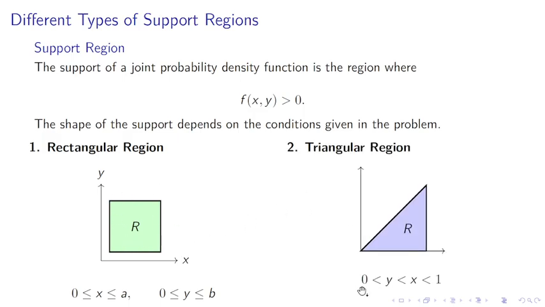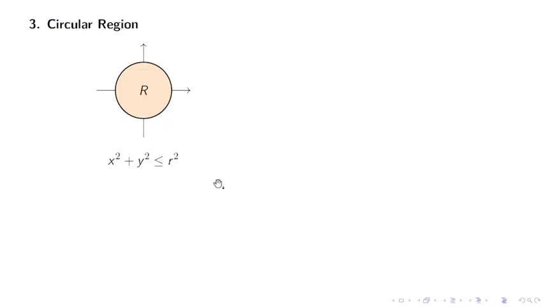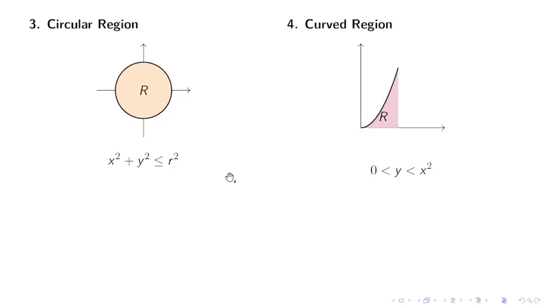Whereas if 0 less than y less than x less than 1, if y is less than x, then the region is in a triangular shape. Whereas if both ranges are equal, it is a rectangular region. Circular type regions also come where the variables have squared quantities.